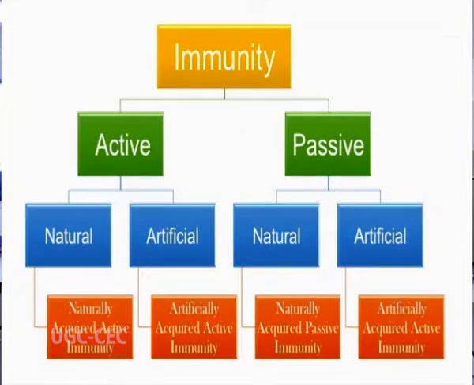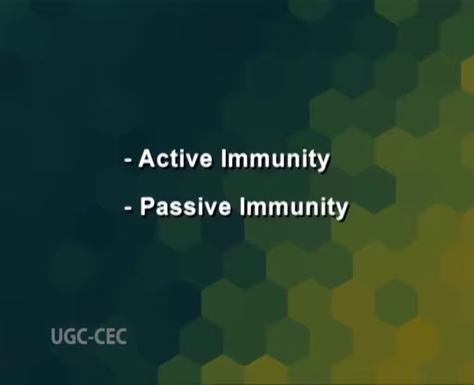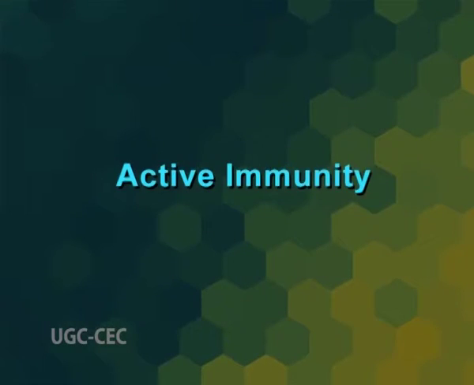Types of adaptive or acquired immunity. Adaptive immunity can be acquired in the host's lifetime by acquiring the components responsible for it. On this basis, we can classify acquired immunity into two types: active immunity and passive immunity. Active immunity. Active immunity develops because of the response to antigenic stimulus.